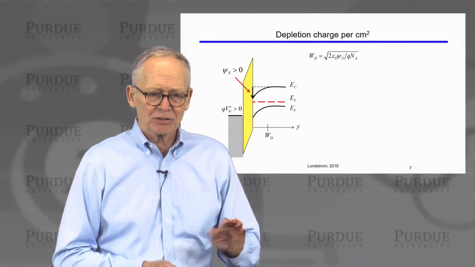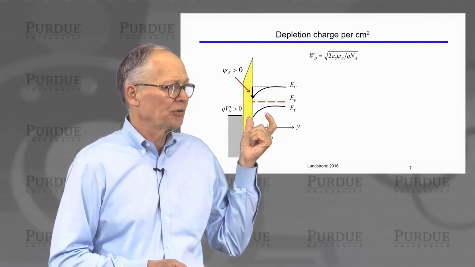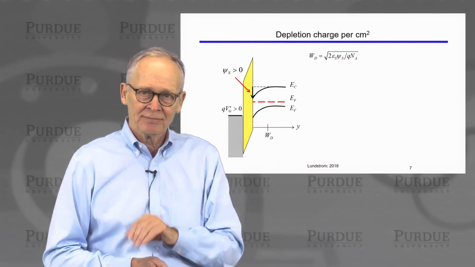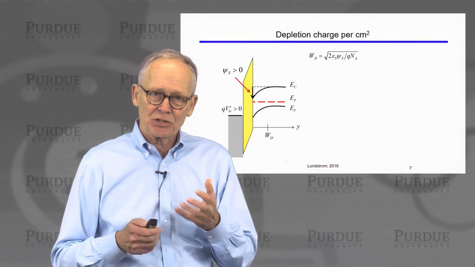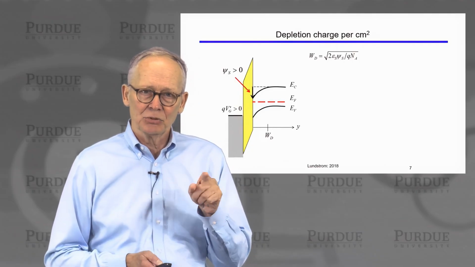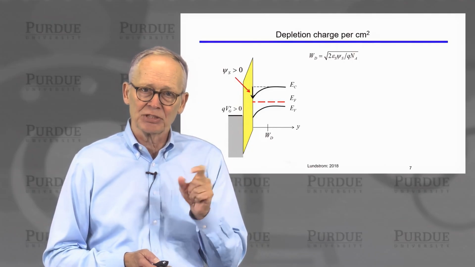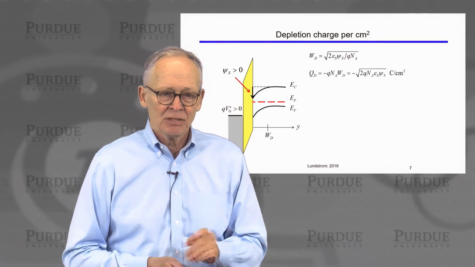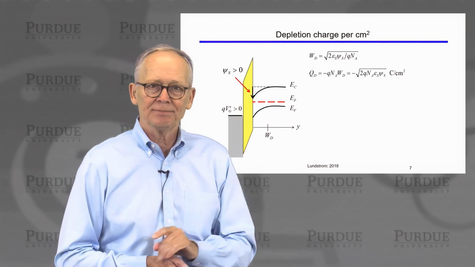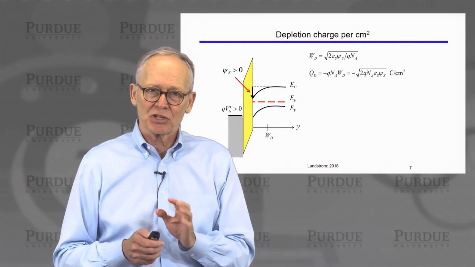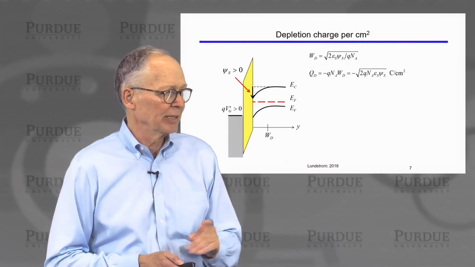All right, now we can also ask, what is the charge per square centimeter in the semiconductor? That's the charge per unit volume, minus Q times Na, times the depth of this depletion region where that charge exists. So we'll call that Q sub d. That's the depletion charge in coulombs per square centimeter.